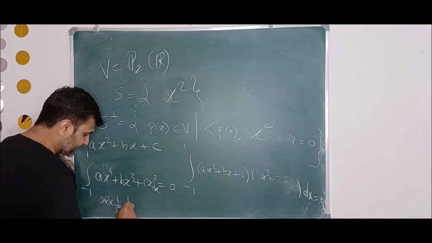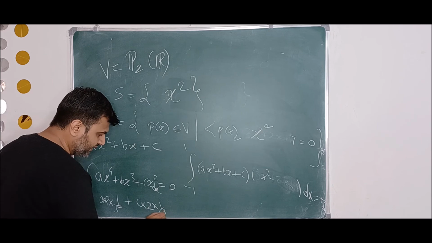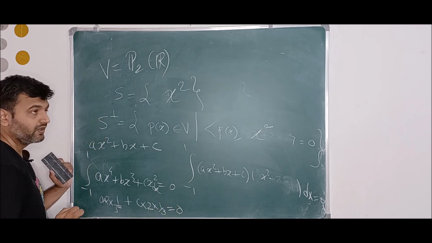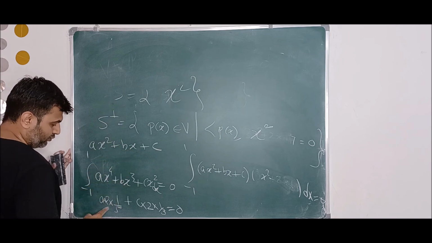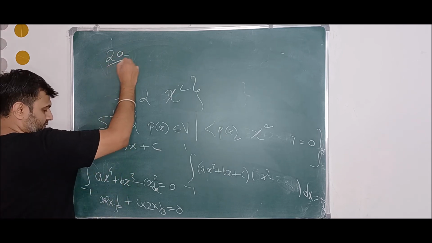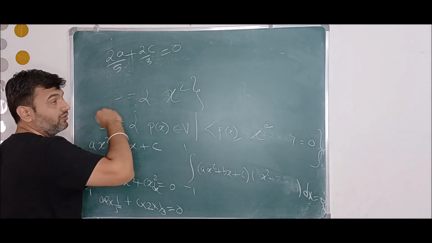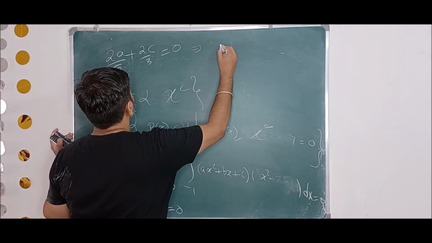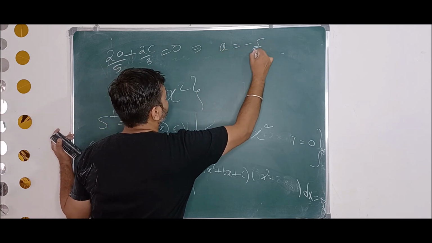The integration of the odd term is 0, plus c into 2 into 1 by 3 equal to 0. So from here you have 2a by 5 plus 2c by 3 equal to 0. This implies you can take out your 2, so your a is minus 5 by 3 c.